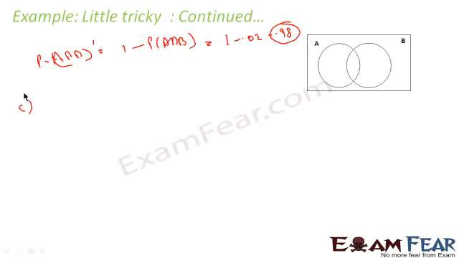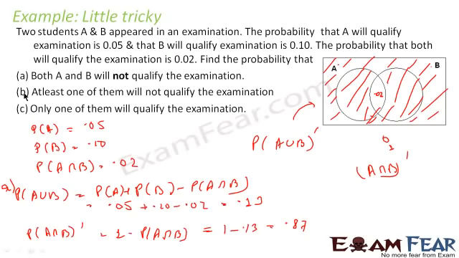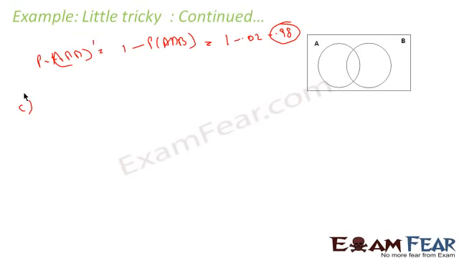Now take 3, C. So in C we say only one of them will qualify the exam. So when I say only one of them will qualify the exam, I am looking for which area? This area. This is 1, and here also only 1. Please note, we are not looking at this area because here both are qualified. We are looking at only this area.